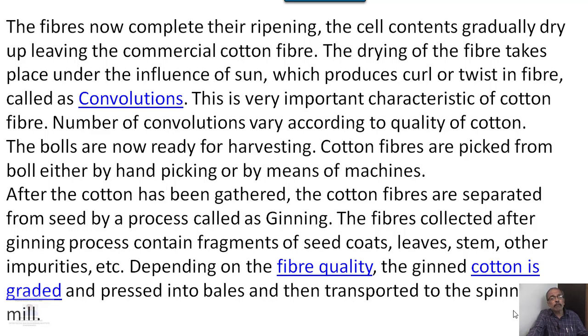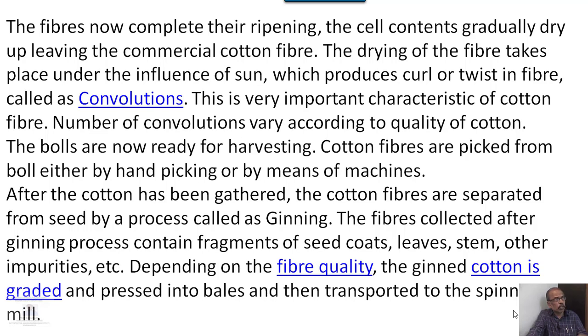Again, the fiber separation process from the seed is required to be done mechanically. Earlier, people used to do these things with their hands only, but later on, with the advent of the ginning machines, the ginners are used. For example, knife roller gin or saw gin or McCarthy gin, etc. Different ginning sets are there.